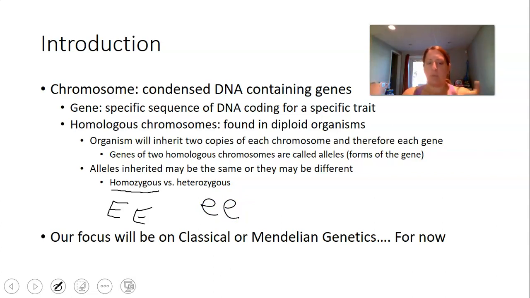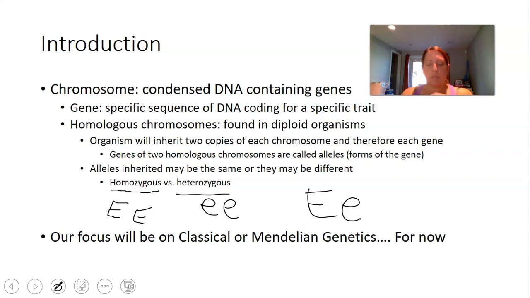So that term homozygous means you inherited 2 of the same alleles. If you inherit 2 different alleles, so if mom gives you big E, and maybe dad gives you little e, we would say that you are heterozygous for the eye color gene. So homozygous, the same; heterozygous, two different alleles.